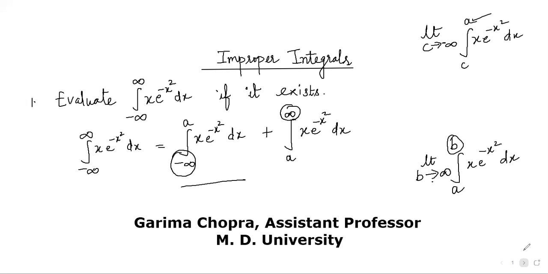As we have discussed, let us evaluate these integrals, and after that let us find out these limits. Let us start with the first improper integral, which is present on the right hand side. Consider this integral, c to a of x e raised to the power minus x square dx.